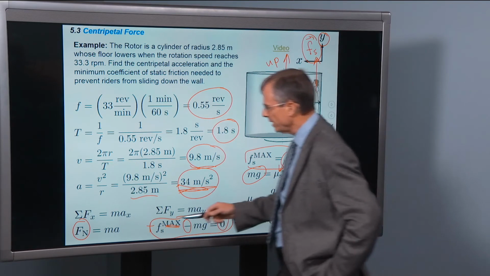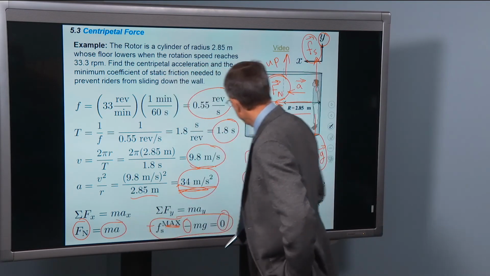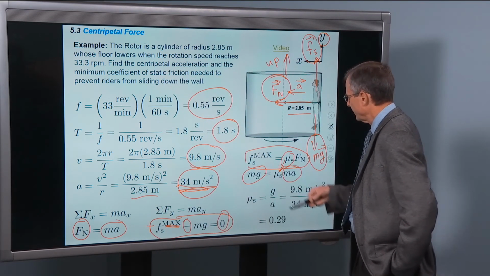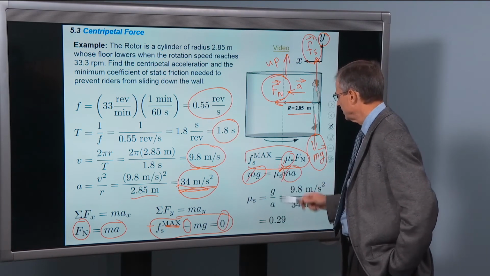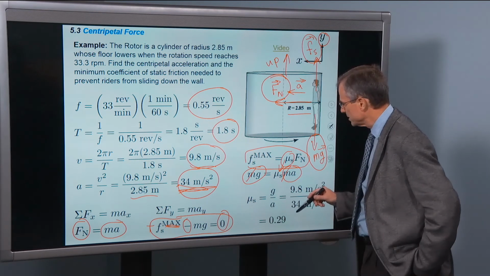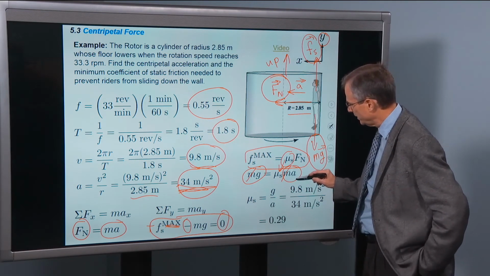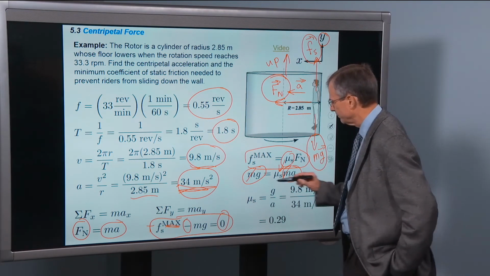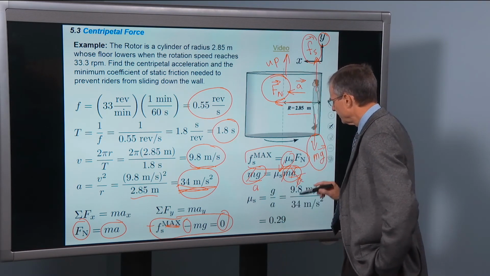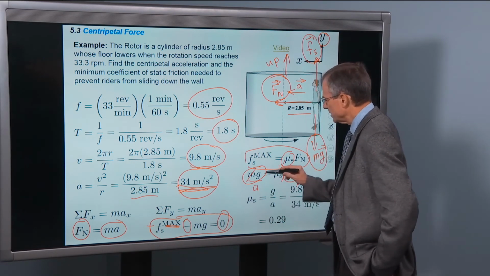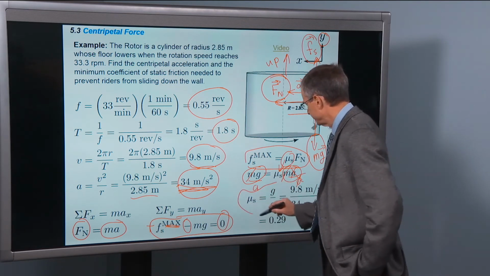But Fn we can find from this equation, it's just ma. So here's my Fn, which is ma. The masses magically cancel, and we can solve this equation for mu-s by dividing both sides by a. The a's on this side cancel, and we get mu-s equals g over a.